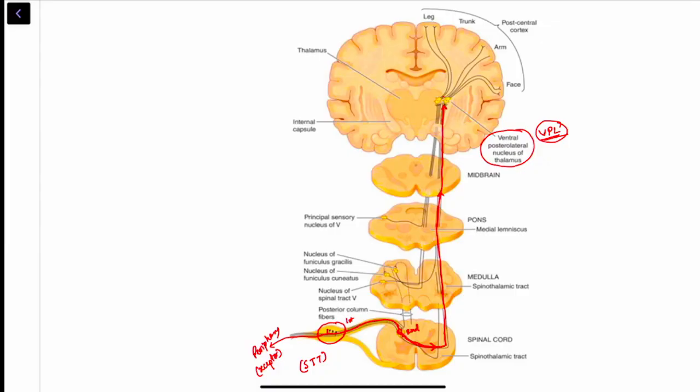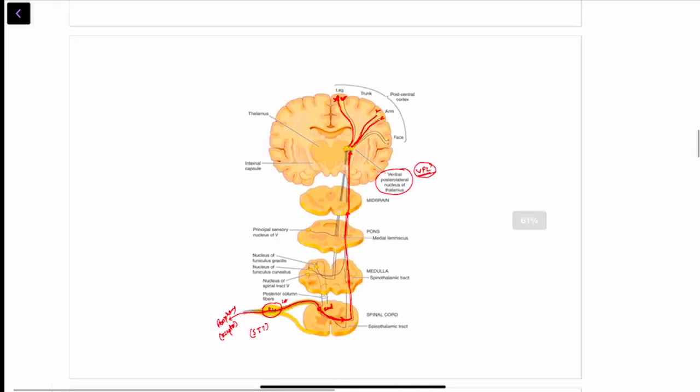From thalamus, there will be projections to the post-central gyrus for different areas. Like there is a different area for arm, different area for leg, different area for face, different area for trunk. All these areas are distributed in the post-central gyrus, and these axons are distributed alongside, right?